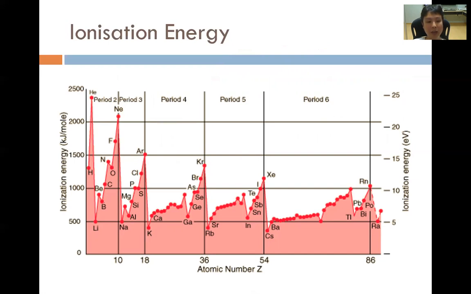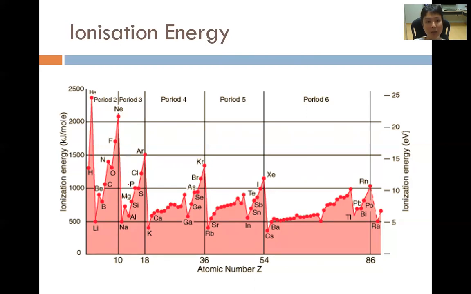Notice that the ionization energy of boron is lower than that of beryllium, and the ionization energy of oxygen is lower than that of nitrogen. And in period 3, the ionization energy of the group 3 aluminum is lower than that of the group 2 magnesium, whereas the ionization energy of sulfur is lower than that of phosphorus. Okay, so these are 2 anomalies. But in general, the ionization energy increases across a period.